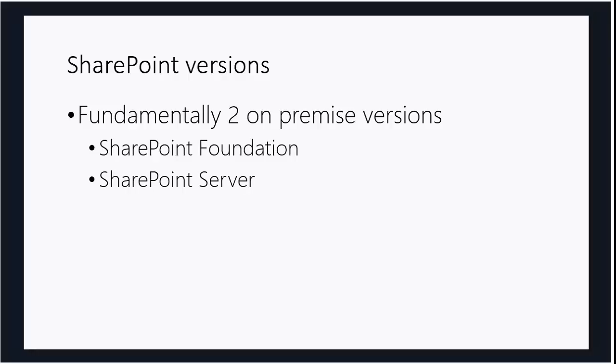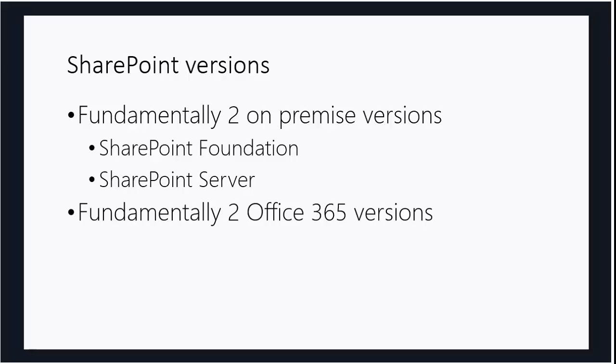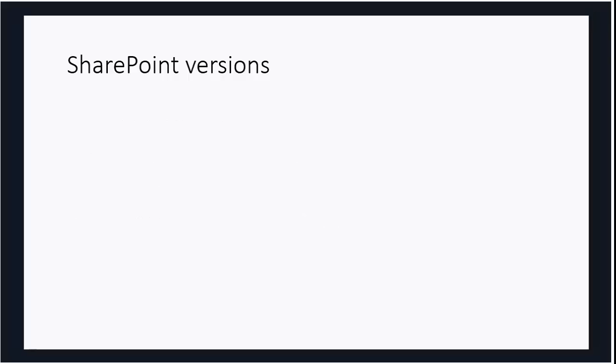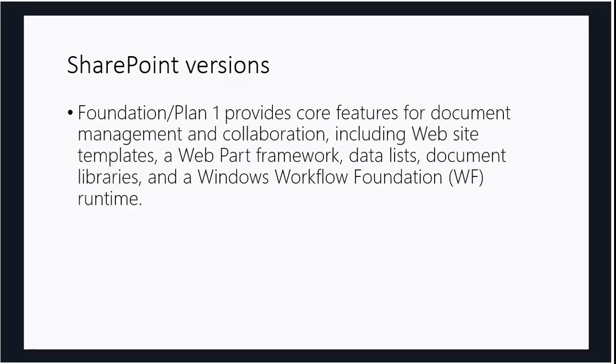Now, in the cloud, we have two very similar versions as well. We have basically what's known as Plan 1 and Plan 2. So in rough terms, SharePoint Foundation is very much like Plan 1, and SharePoint Server is a lot like Plan 2. So again, think of it in those sort of terms if you're familiar with the on-premise versions. Now, what does Foundation or Plan 1 include?